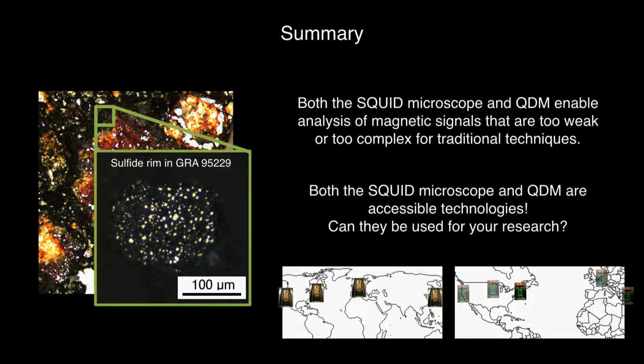If there is any sort of contaminating airborne dust on that mount, the imaging can resolve the signal you want and the signal you don't want. So for many reasons, for very weak and very complex samples, these are good techniques.